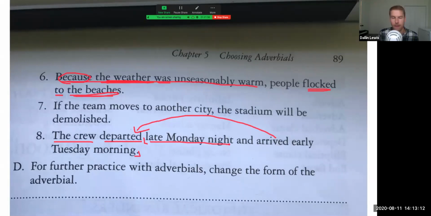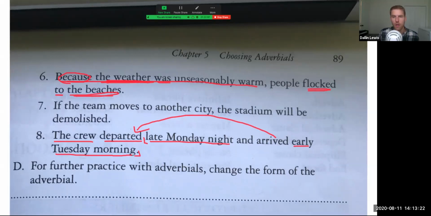This is an adverbial noun phrase telling us when they departed and when they arrived. And as I said, adverbial noun phrases usually have to do with when something is happening or did happen. So that's what those adverbials are doing. They're noun phrases telling us a certain moment in time.